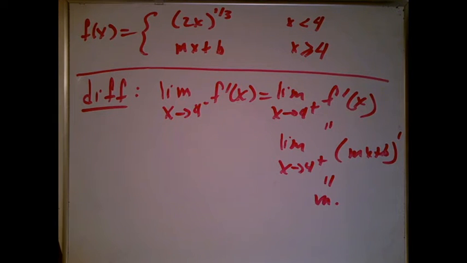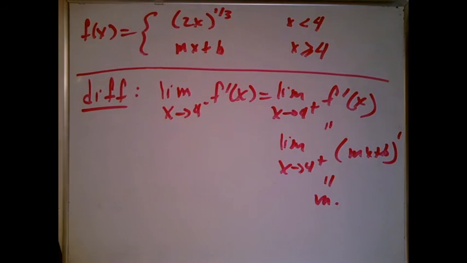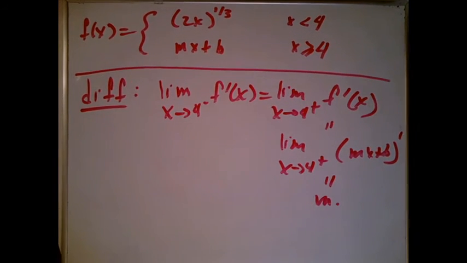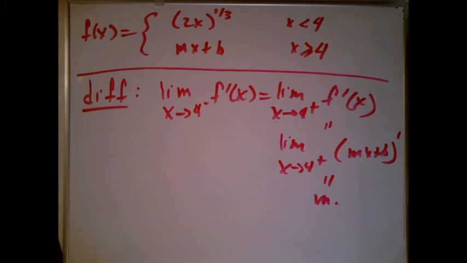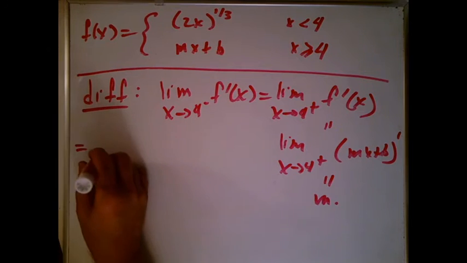The left-hand side's a mess, because the left-hand equation looks like 2x to the 1/3. If you're a math or physics major, you need to work that out. For the purpose of the test, I will be giving you the formula for the derivative of the messy side. You can see that in the problem. I'll write it right now. So I'm just now doing the left-hand side.